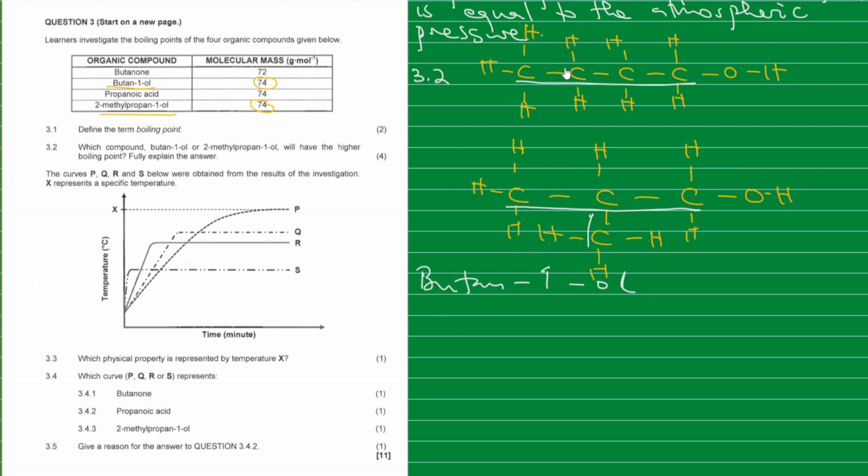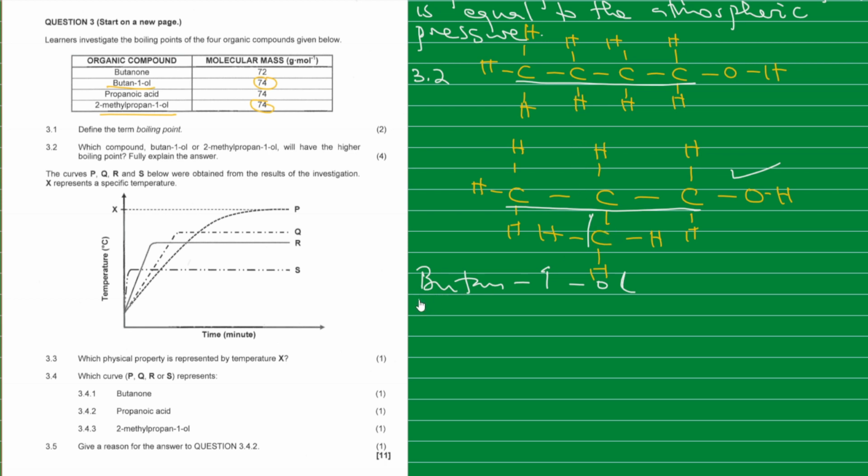Why is this one having a higher boiling point and this one a low boiling point? I'll take 2-methylpropanol and say that this one has a lower boiling point than that. Why does it have a lower boiling point?